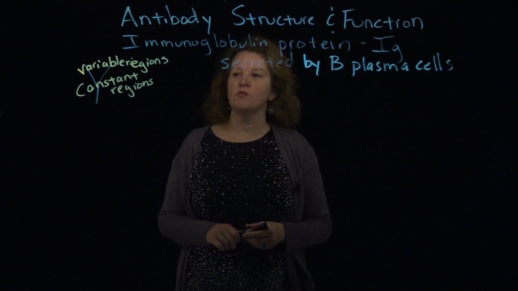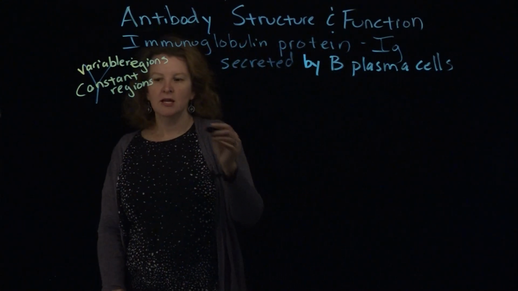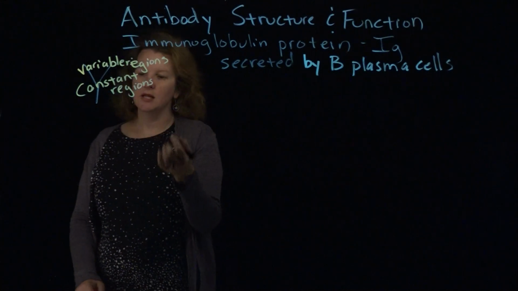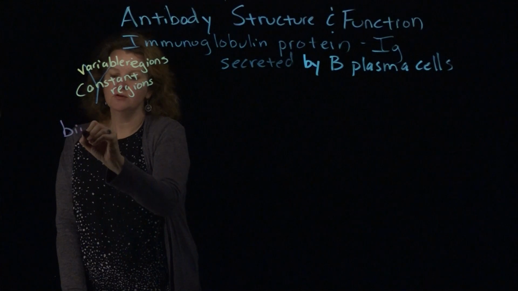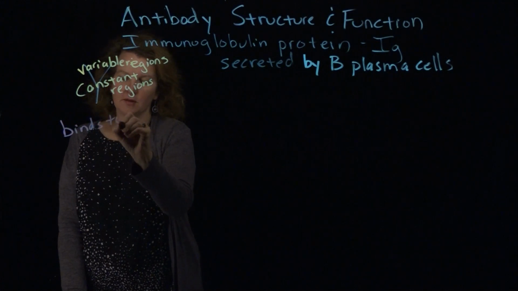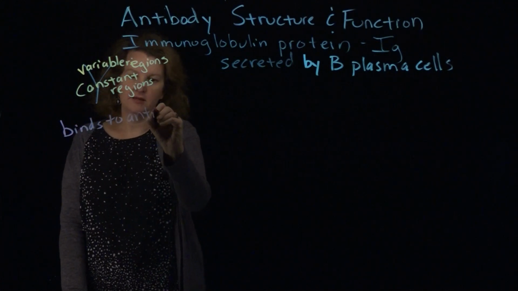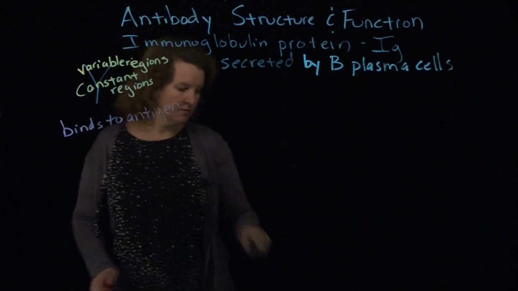So often that type of immunity is called humoral immunity. And it acts in different ways, but in the big picture, it binds to the antigen and disables it in some way.